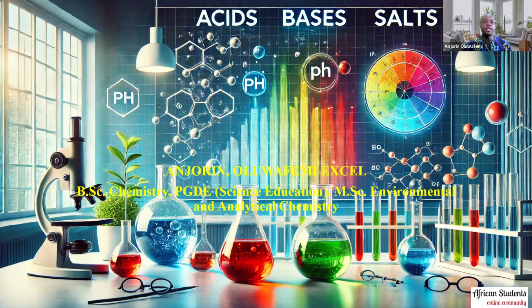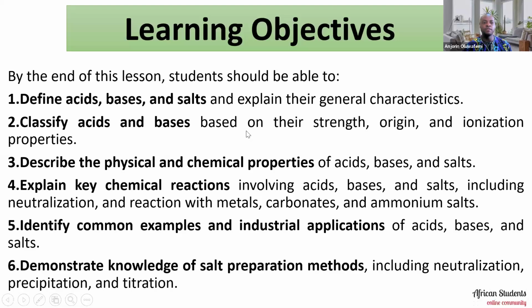All right, let's look at our lesson objectives for this topic. One, by the end of this lesson, students should be able to define acids and salts and explain their general characteristics. Two, classify acids and bases based on their strength, origin, and ionization properties. Number three, describe the physical and chemical properties of acids, bases, and salts.